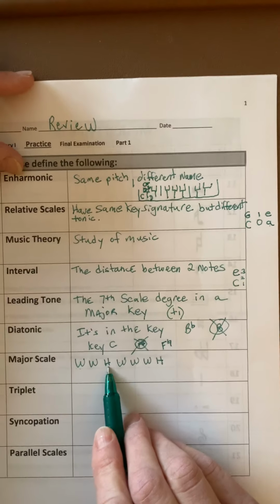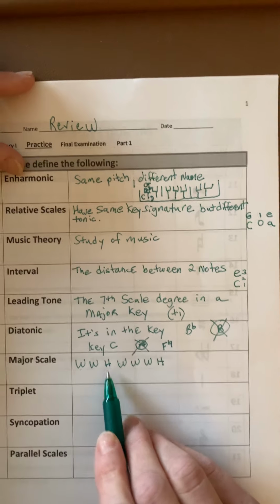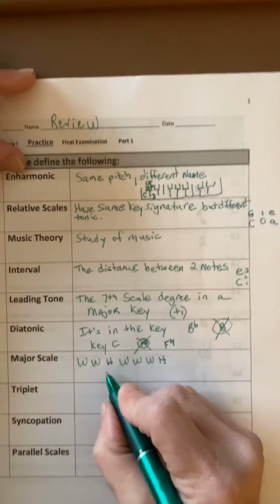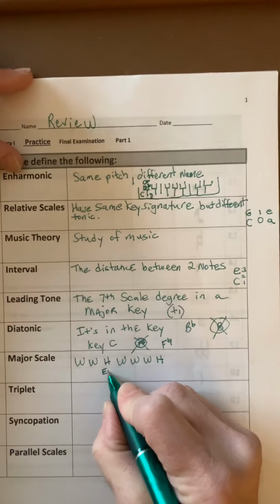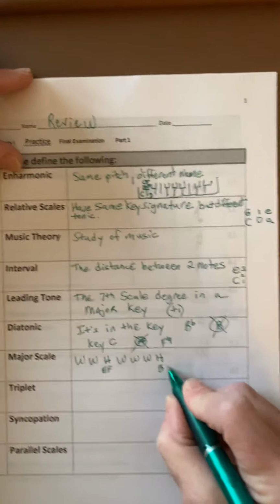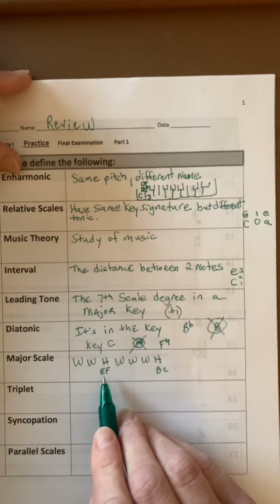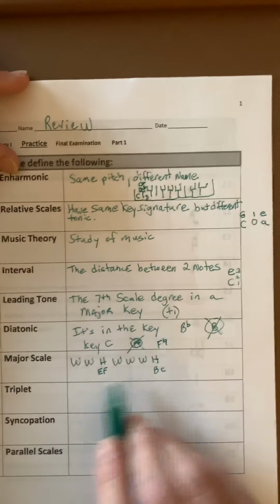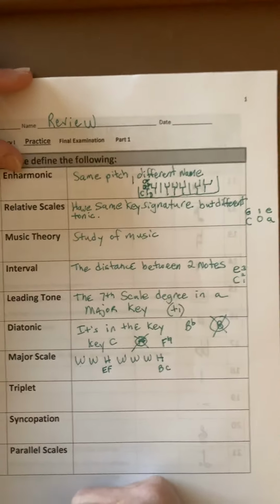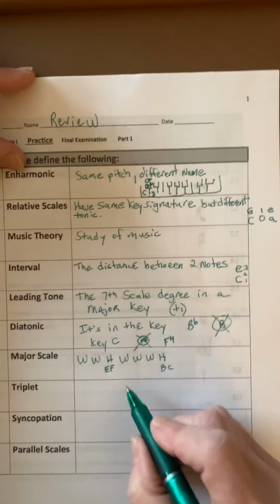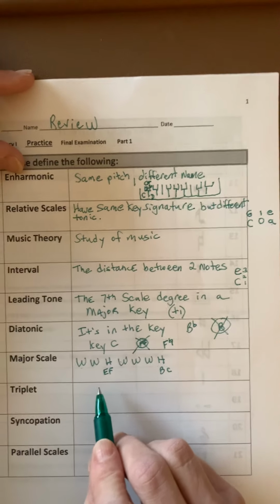And these half steps here between E and F, like say if you're in the key of C, E and F and B and C, you would take out the half steps.